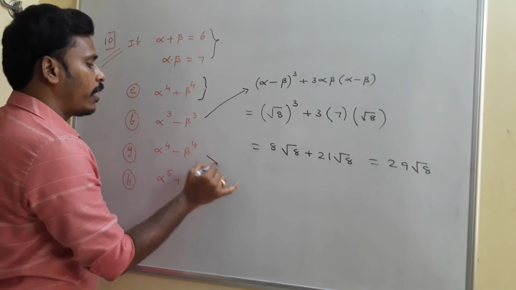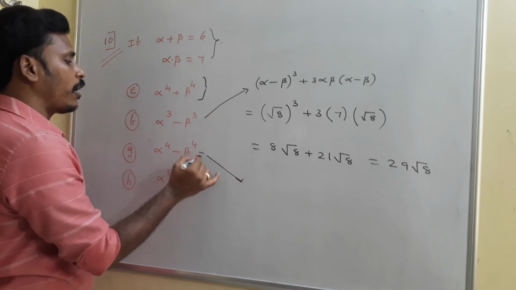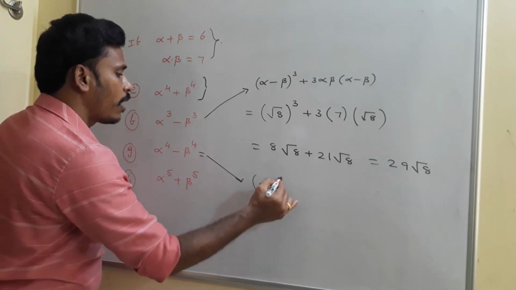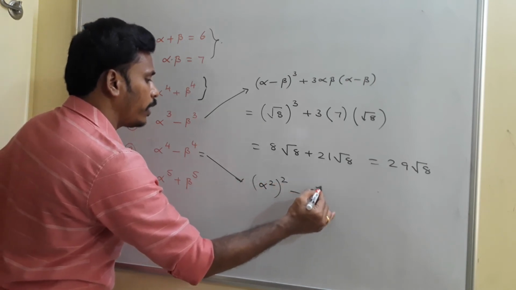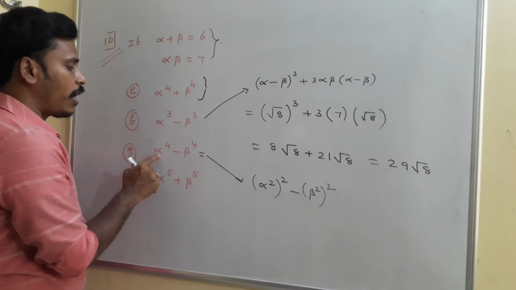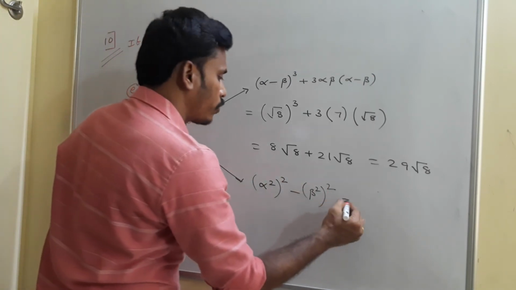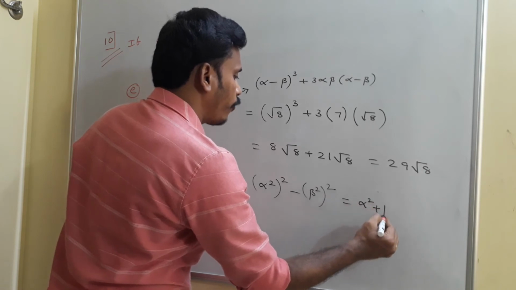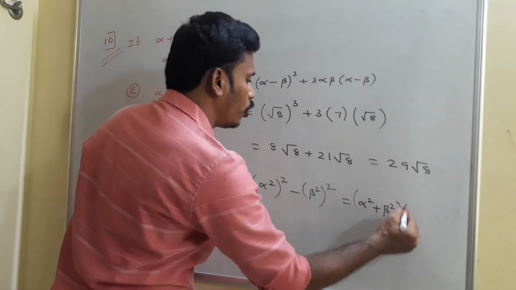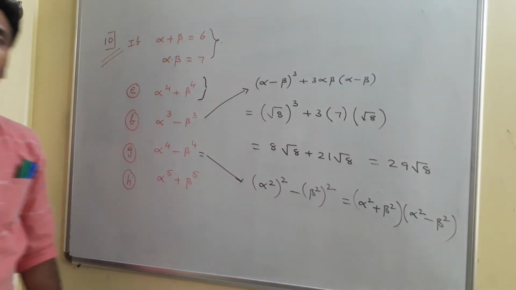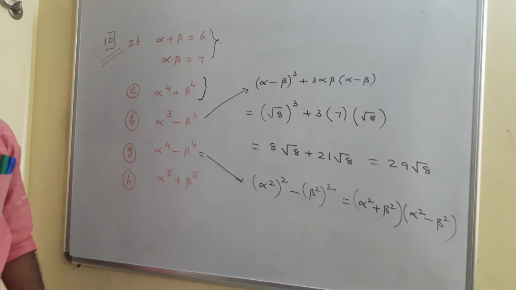And alpha power 4 minus beta power 4. Alpha power 4 minus beta power 4 is nothing but alpha square whole square minus beta square whole square. This is equal to alpha square plus beta square into alpha square minus beta square, the same a plus b into a minus b as the a square minus b square formula.